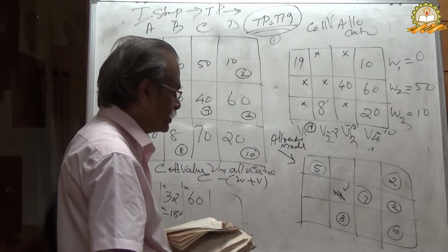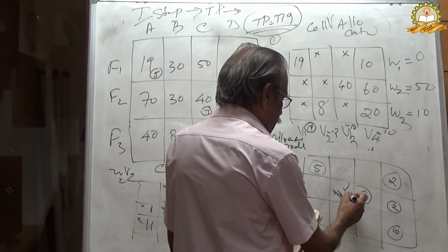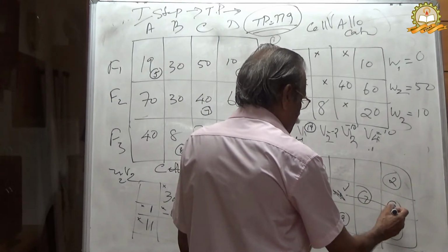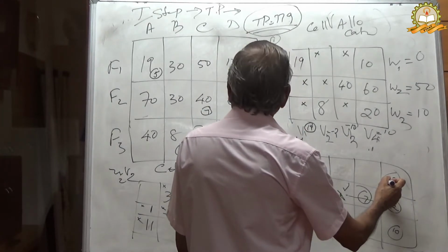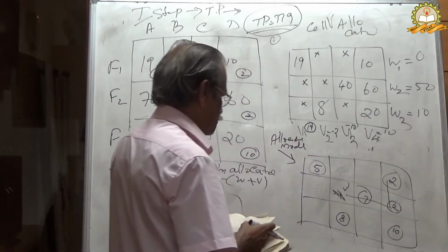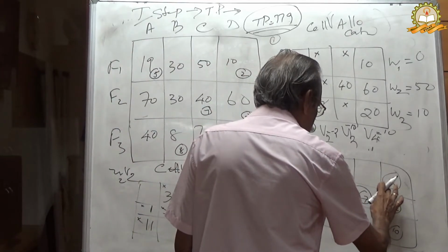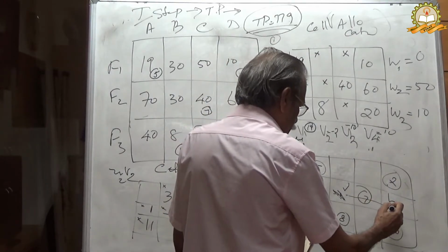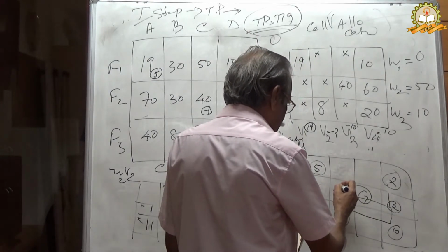Then we are drawing the line, it starts with negative U2V2. Line starts here. This is an allocated cell, this is an allocated cell, again an allocated cell, and ends with this.